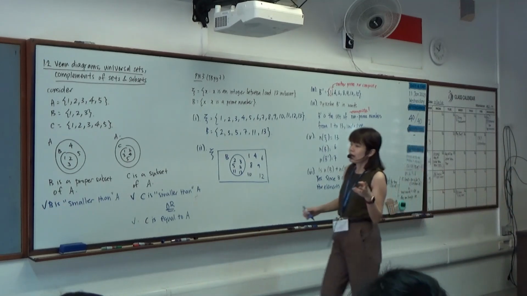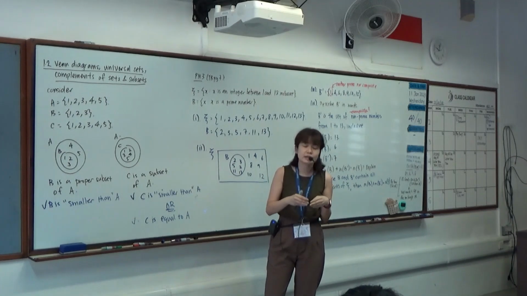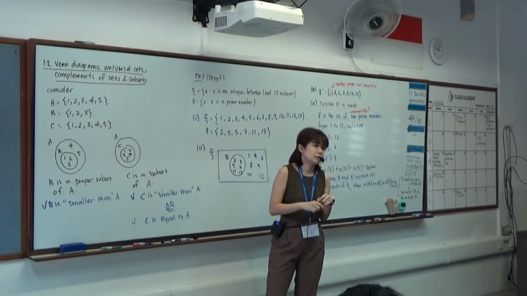Whereas proper subset is very specific. You know for sure that it is smaller already.